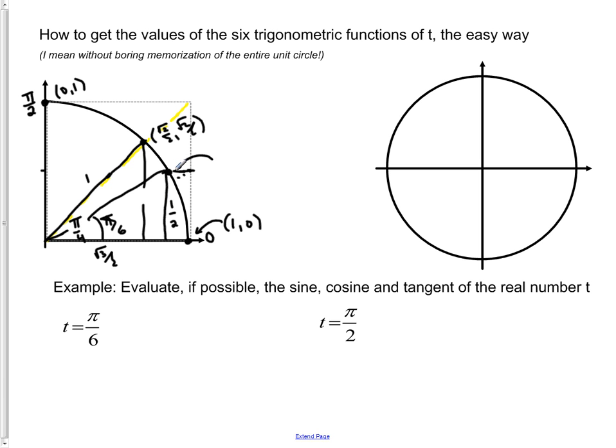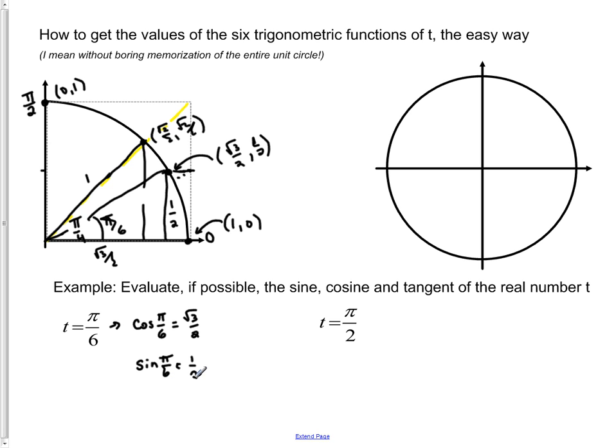So right here, as long as I remember I've got radical 3 over 2 as my x-coordinate and 1 half as my y-coordinate, then finding my sine, cosine, and tangent of, let's say, pi over 6 is really, really easy. Cosine of pi over 6 corresponds to the x-coordinate, and so that is radical 3 over 2. Sine of pi over 6 corresponds to my opposite side, which is 1 half, that's the y-coordinate.